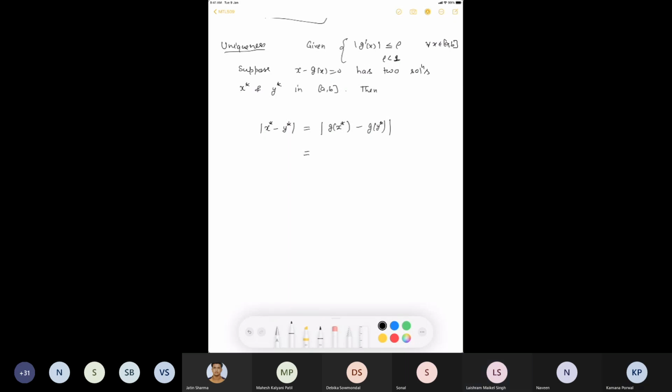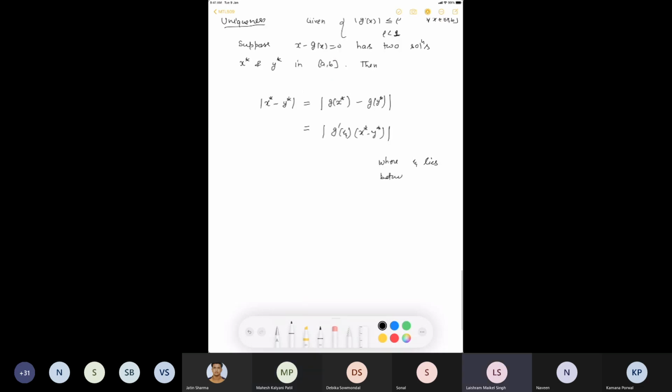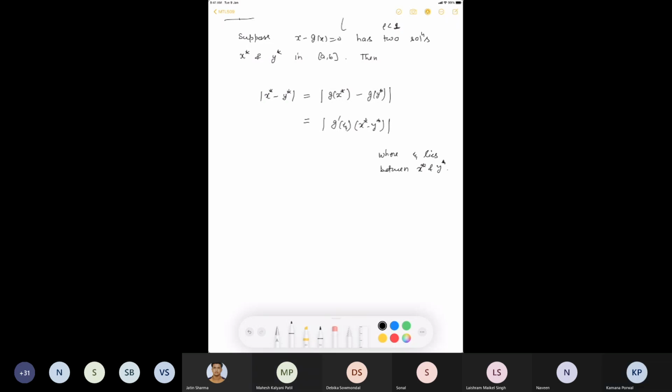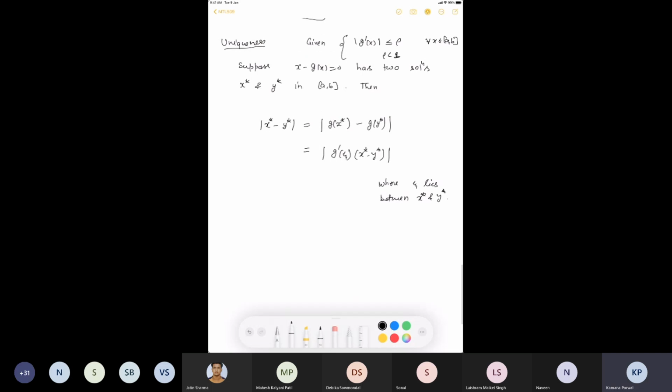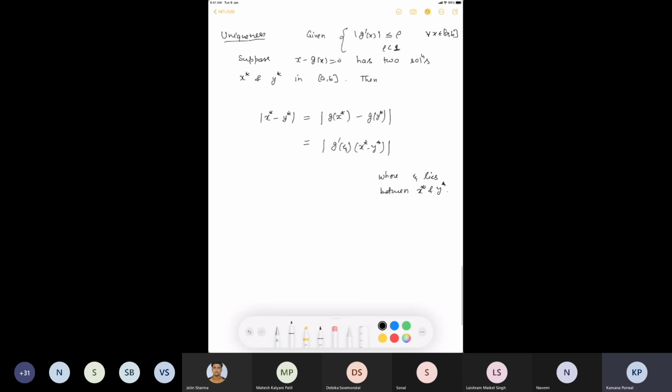If I apply the mean value theorem, I will have the existence of some xi such that this term will be the same as g prime of xi times x star minus y star, where xi lies between x star and y star. Now we have been given that the modulus of g prime of x is less than or equal to rho for all x in [a, b], and xi is lying between x star and y star, which are both in [a, b], so xi will also be in [a, b].